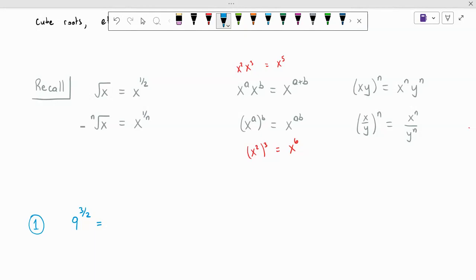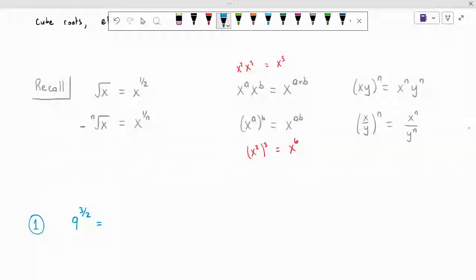Who can tell me without using a calculator what 9 to the 3/2 is equal to? Six. Not quite. So 9, how did you get 6? Okay, let's ignore that. So yeah, 27 is the correct answer.